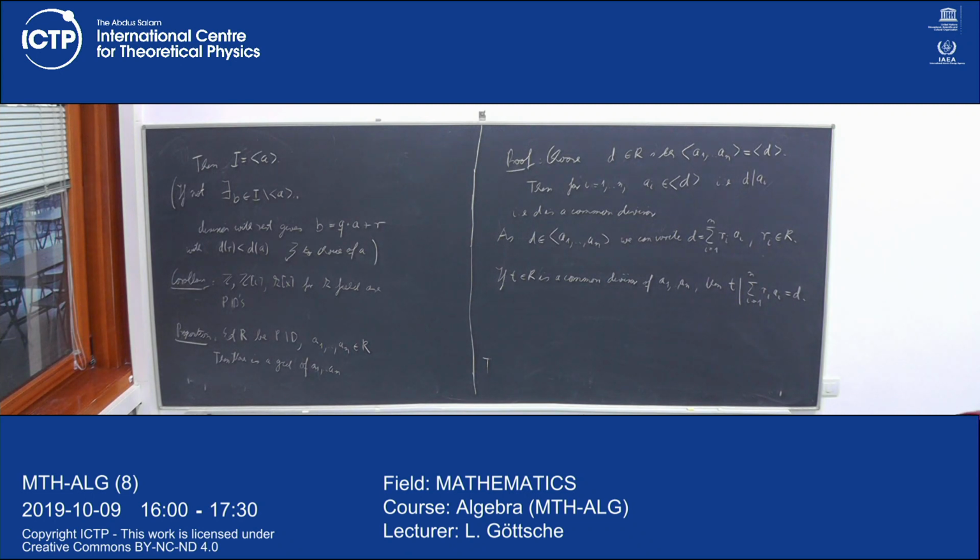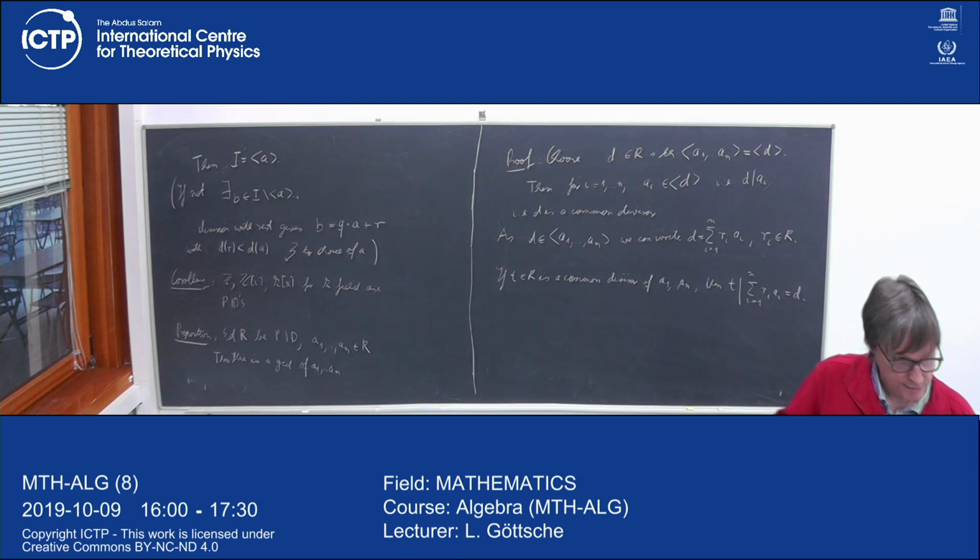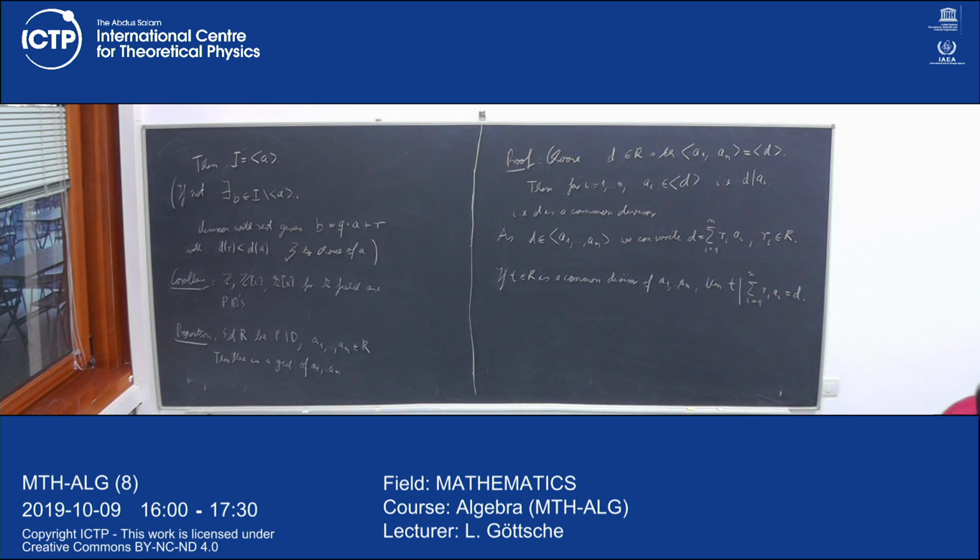Okay. So now we want to talk about irreducibility of polynomials. Later one uses irreducible polynomials with coefficients in a field to construct field extensions, to make bigger fields from smaller fields, and therefore we want to study a little bit how one can check whether a polynomial is irreducible.